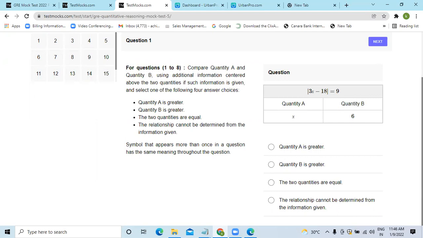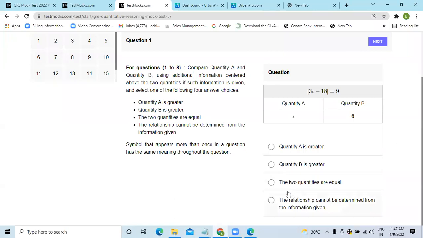So again, absolute value, be very careful. Absolute value of 3x minus 18. The relationship cannot be determined.